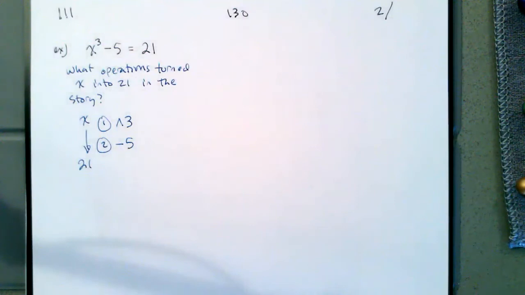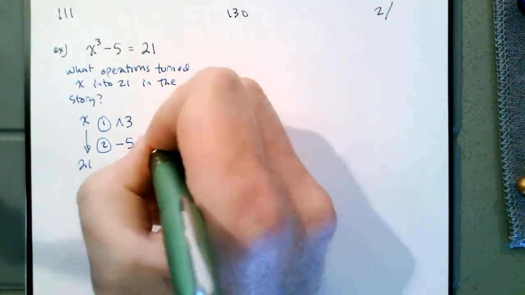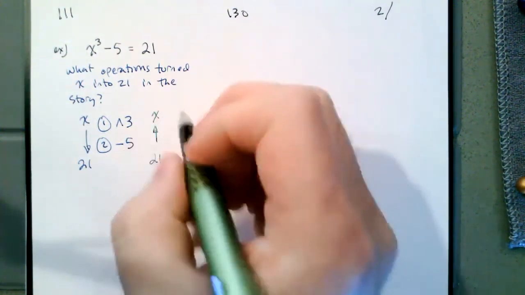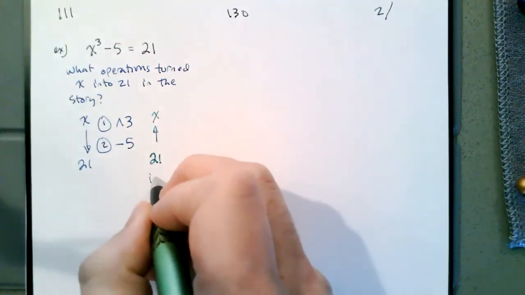Once we know the story of how x turned into 21, we can just follow this backwards to turn 21 back into an x. So if we want to turn 21 back into an x, we do inverse operations in reverse order.